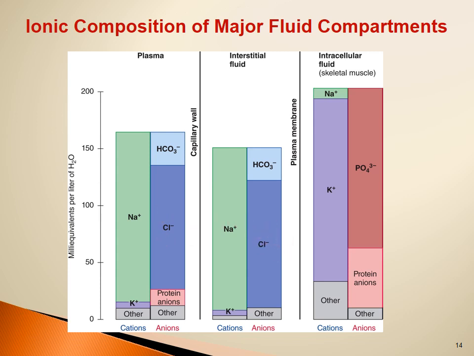So please remember that potassium is the main positively charged ion inside the cell, and phosphate is the main negatively charged ion inside the cell. Outside the cell, in the plasma or the interstitial fluid, both of which are extracellular fluids, the main positively charged ion is sodium, and the main negatively charged ion is chloride.